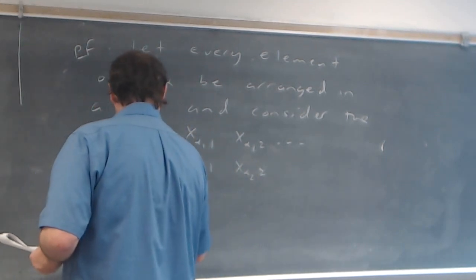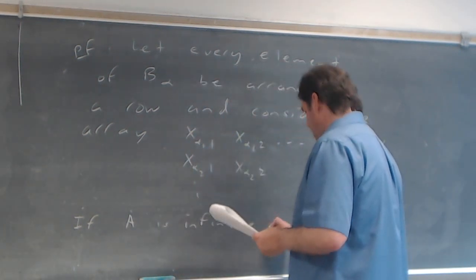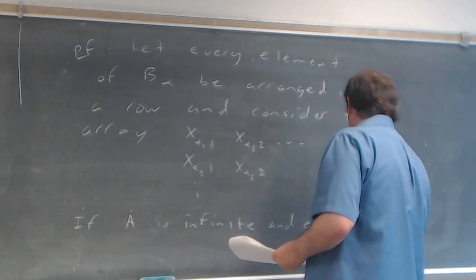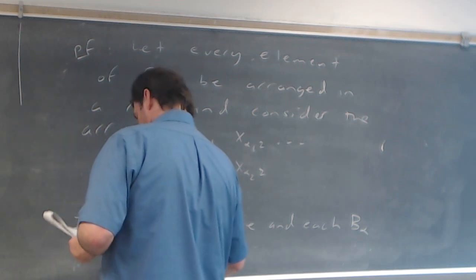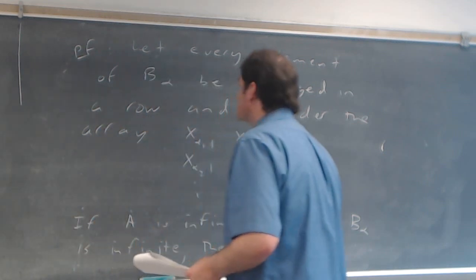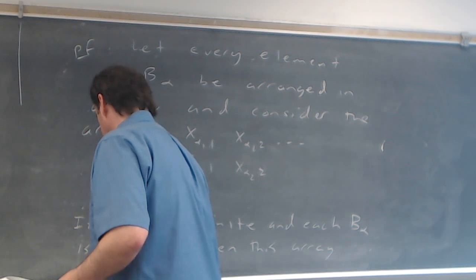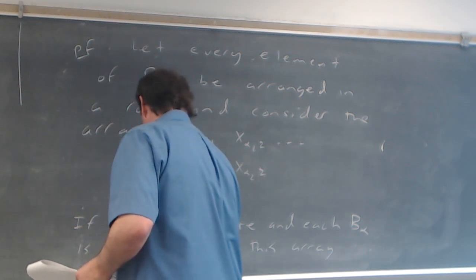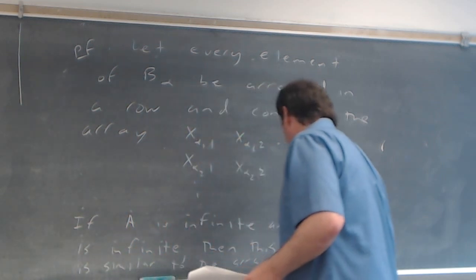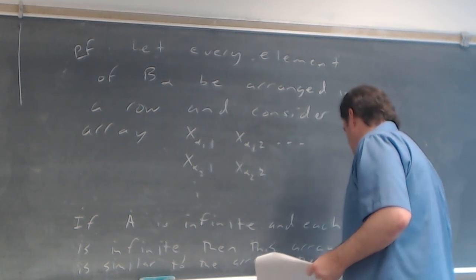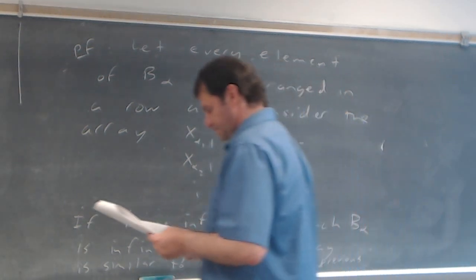Okay. So here's the thing we say. If A is infinite, and each B sub alpha is infinite, then this array is similar to the array in the previous proof.